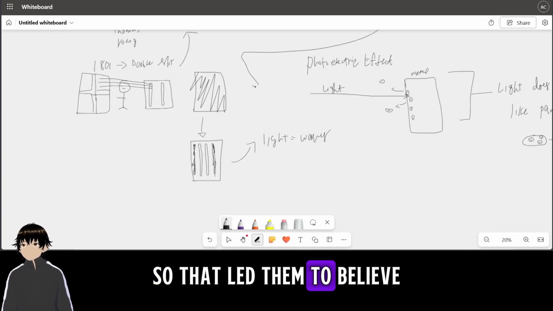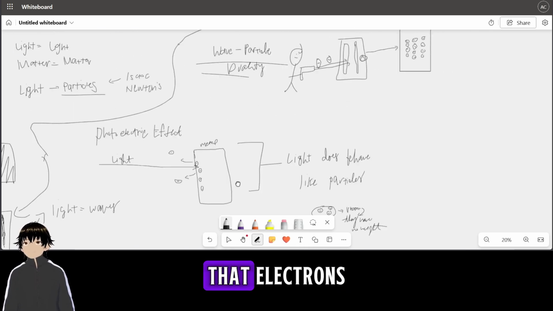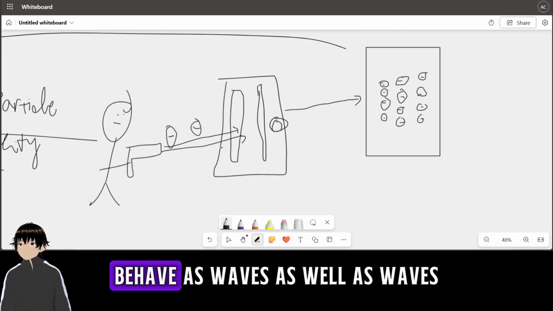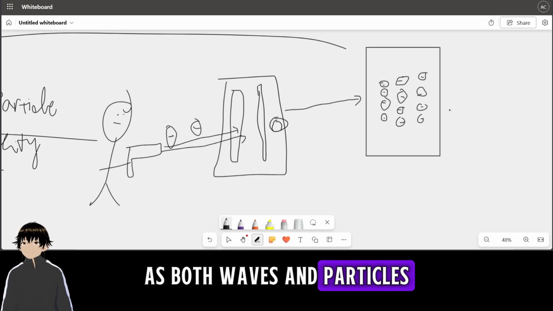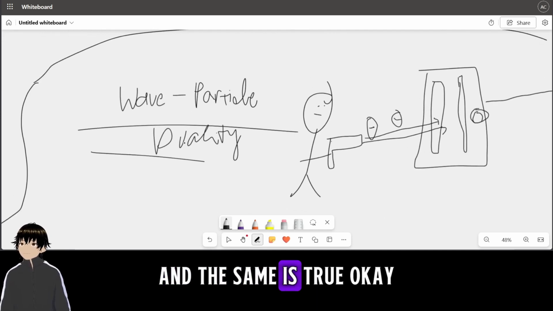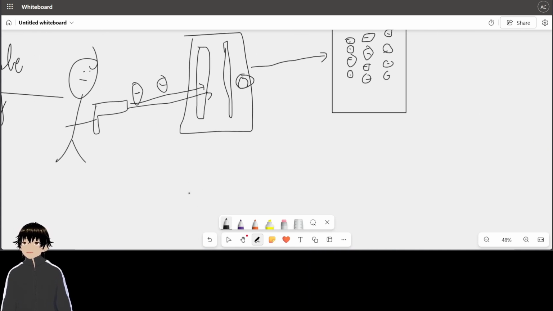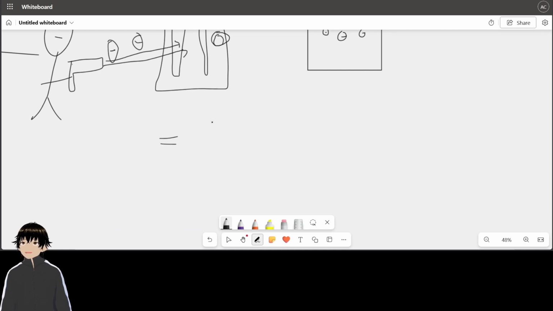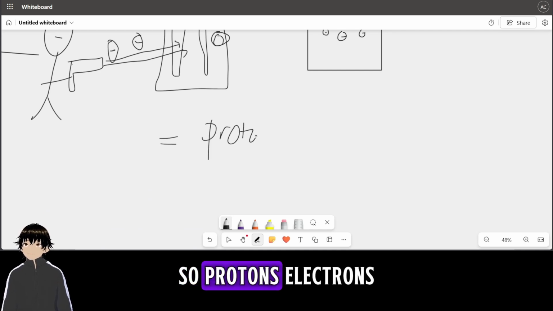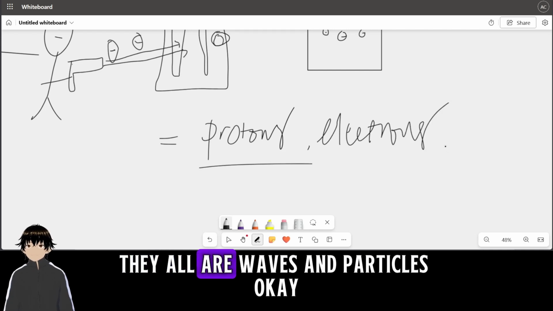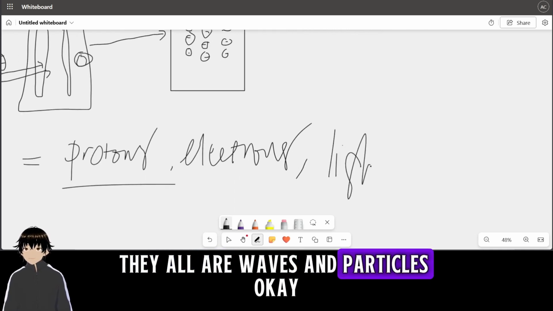So that led them to believe that electrons behave as both waves and particles. The same is true for protons as well. So protons, electrons, and light, they all are waves and particles.